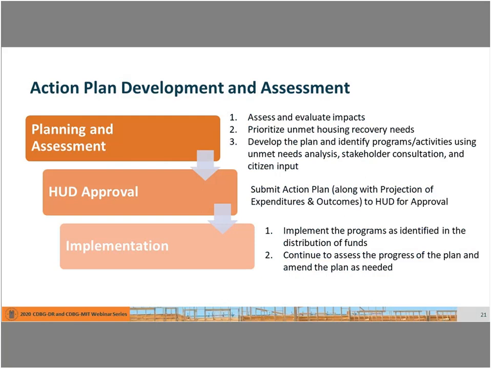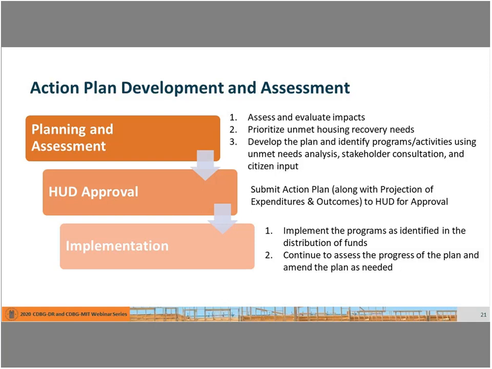On the HUD approval, notice that there's also an expenditure and outcomes requirement, which will also require some time and attention. Places where your budget and finance folks will probably be pretty helpful to you as you come up with your projections of expenditures and outcomes.